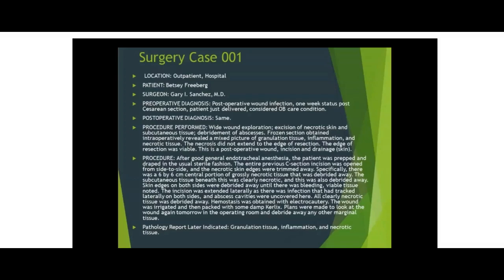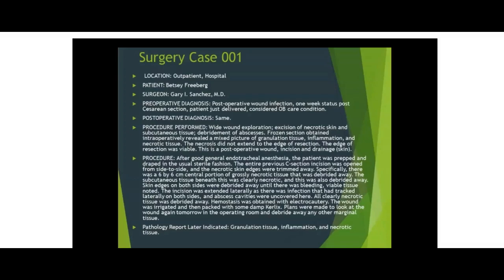And then let's go to sentence 2. The entire previous C-section incision was opened from side to side, the necrotic skin edges were trimmed away. Specifically, there was a 6 by 6 centimeter central portion of grossly necrotic tissue that was debrided away. The subcutaneous tissue beneath this was clearly necrotic, and this was also debrided away.